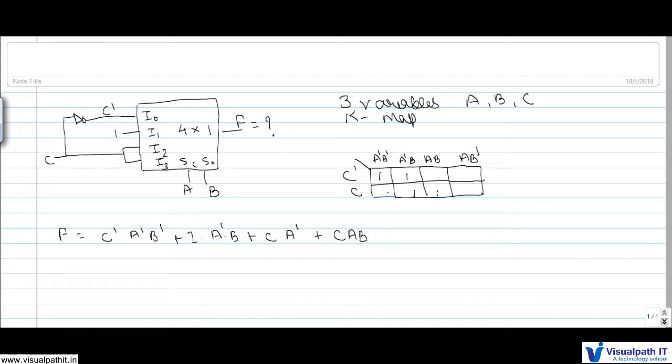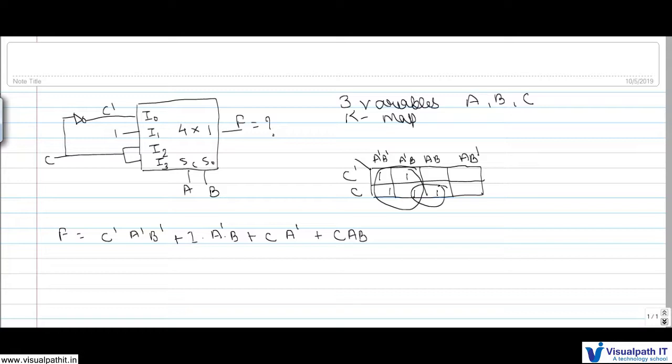I have to implement C A dash. So this will be the function. I can have this 4 pair and this 2. And I can find out the solution for this as well.